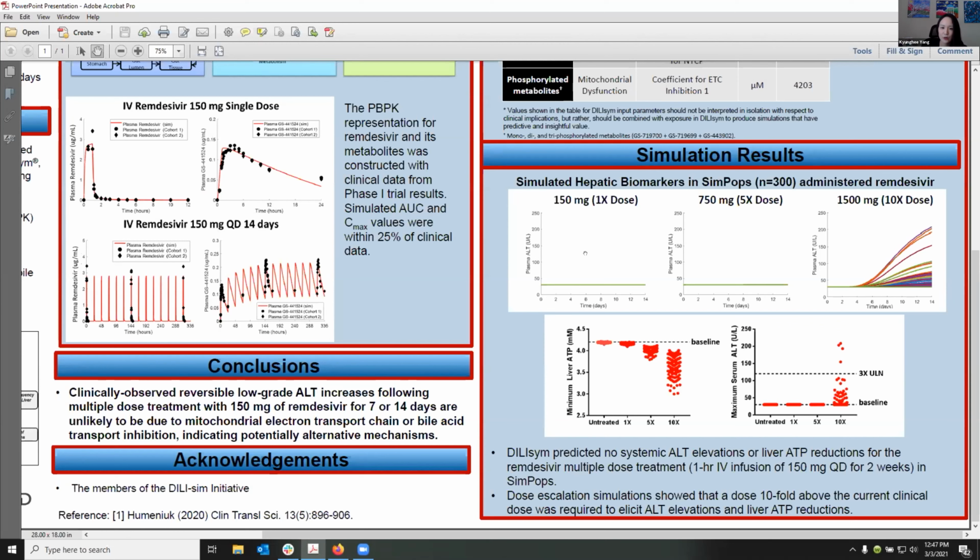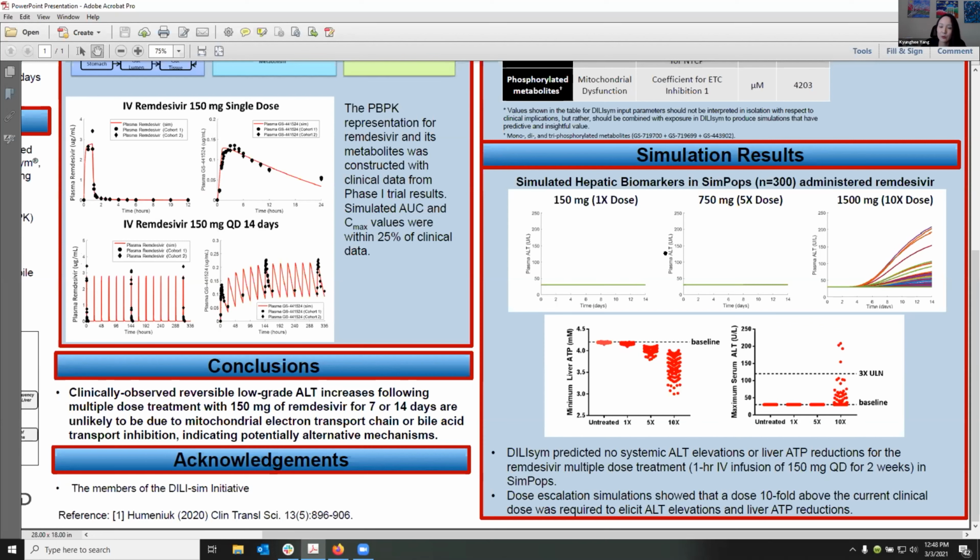The top panel shows the simulated time course of the plasma ALT, which is the biomarker of liver injury. Each line represents a simulated individual. And simulations of the clinically employed dose in the phase 1 clinical trial predicted no ALT elevation. So it just flatlines, all those simulated individuals overlap because there is no signal predicted.